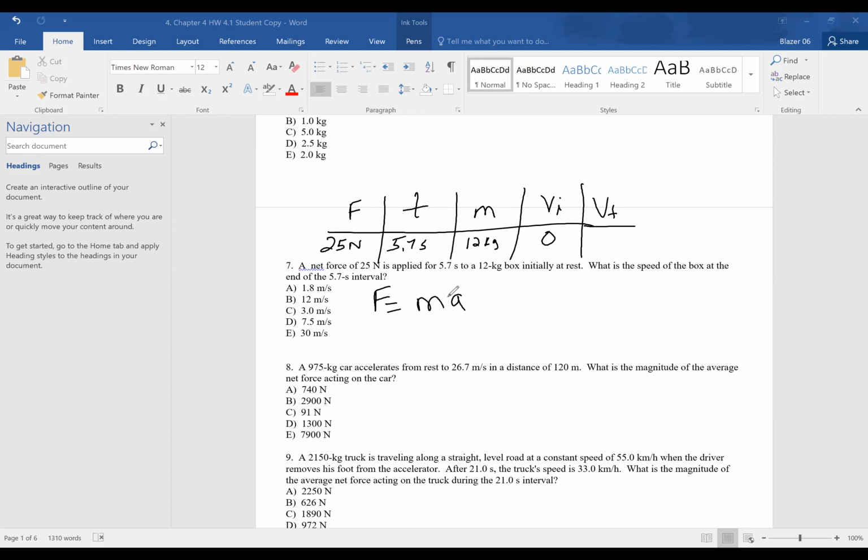So if I know the acceleration, I can find the final speed. So from here, I can solve for the acceleration. The acceleration then is my force, which is 25 newtons, divided by my mass, which is 12 kilograms. So that gives me 25 over 12, whatever that number is, meters per second squared.